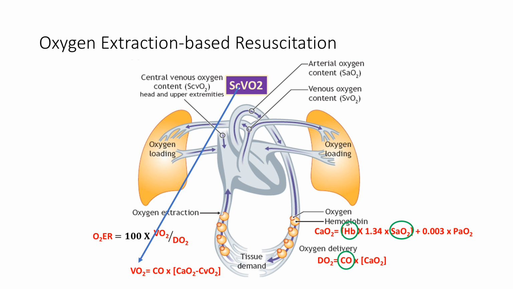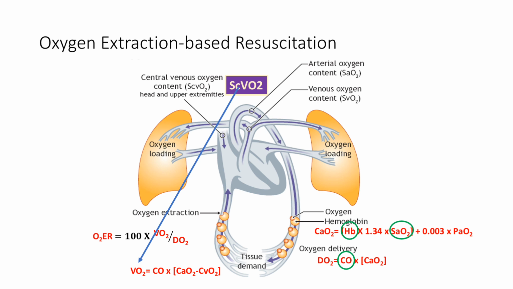Theoretically, if you keep 3 of these factors constant, then the value of the mixed venous oxygenation reflects a change in the latter. So if you keep oxygen consumption static, or you believe it to remain static, then your mixed venous sats are a measure of cardiac output.